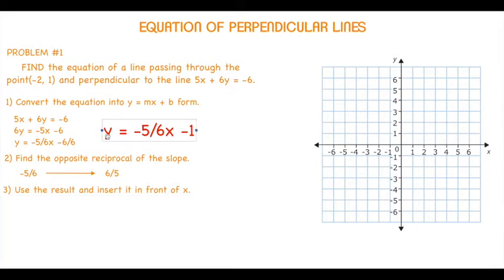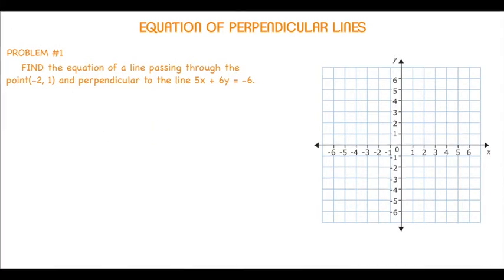So, the equation 5x plus 6y equals -6 is perpendicular to the equation y equals 6 over 5x minus 1. This equation is perpendicular to 5x plus 6y equals -6, but it may or may not pass through the point -2, 1. So, we need to find the y-intercept of a line that has a slope of 6 over 5 and passes through the point -2, 1.